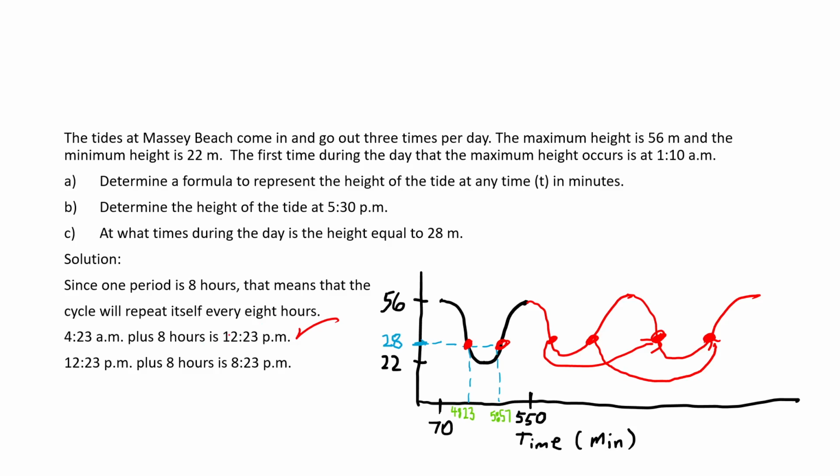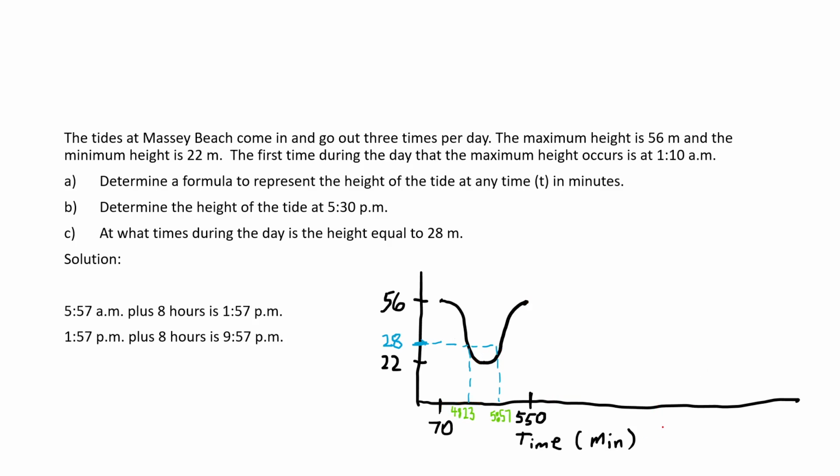So we see that this point right here is 4:23 a.m. At this point right here, exactly 8 hours later, we'll be at 12:23 p.m. And at this point right here, exactly 8 hours later, we will be at 8:23 p.m.